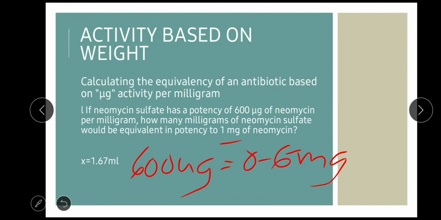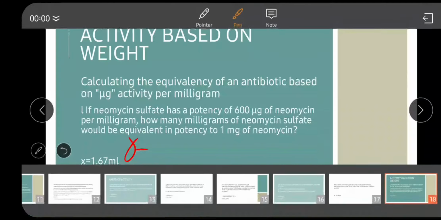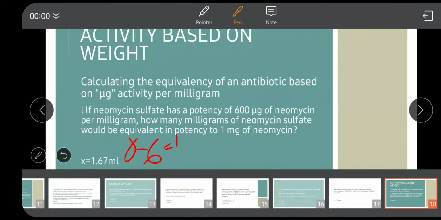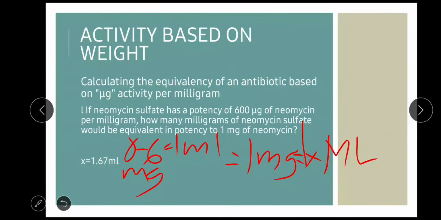Then ratio and proportion. 0.6 mg is to 1 mg, and 1 milligram is what we are looking for, to find how many mg of neomycin sulfate. So, 1 milligram times 1 divided by 0.6. So, the answer would be 1.67 mg.